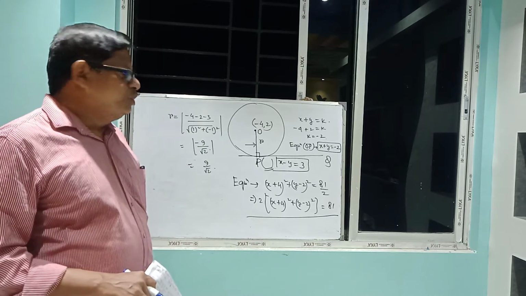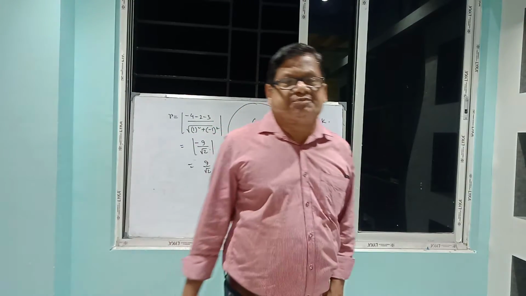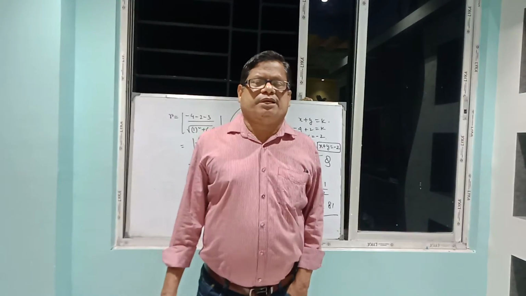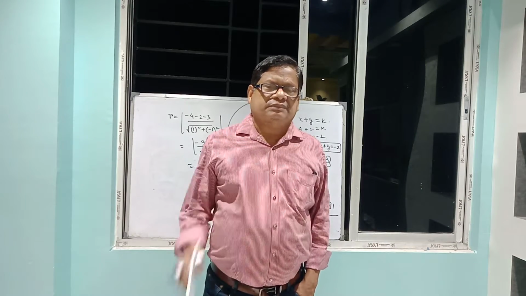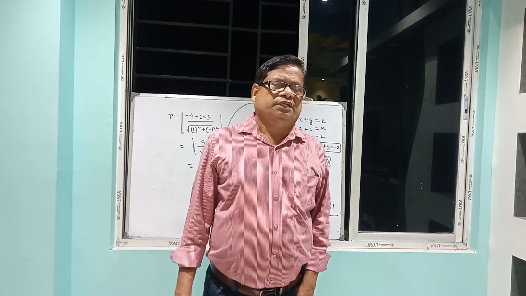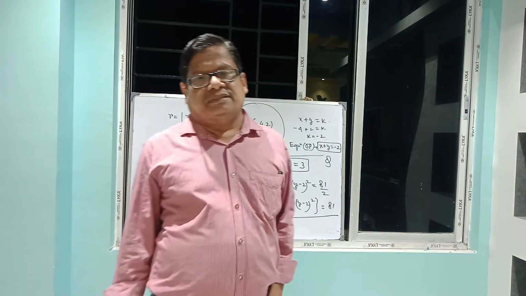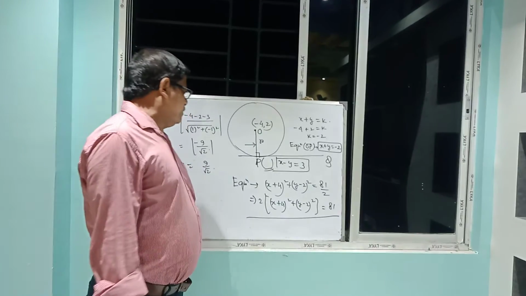Okay. So the tangent property: the straight line y equal to mx plus c will be a tangent to the circle x square plus y square equal to r square, or a square, anything, if c equal to a root 1 plus m square, where a is the radius.